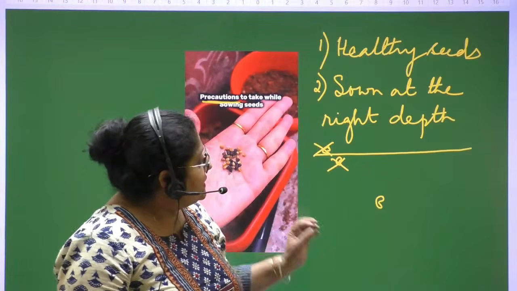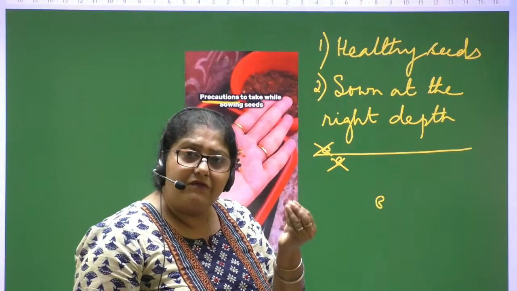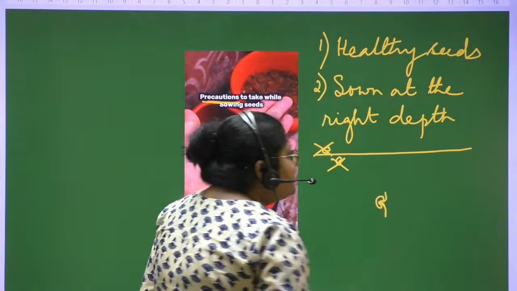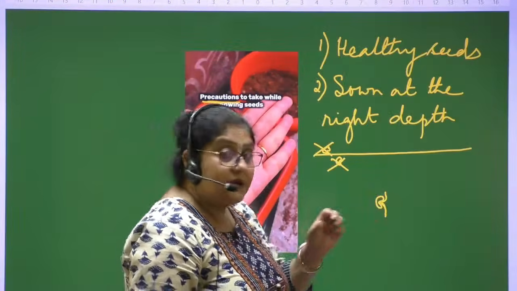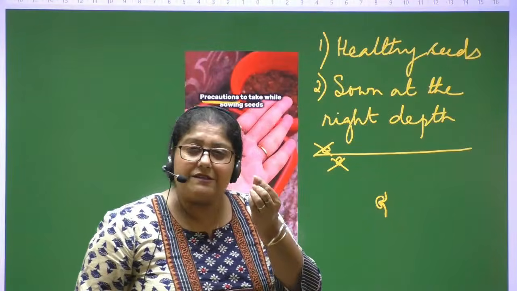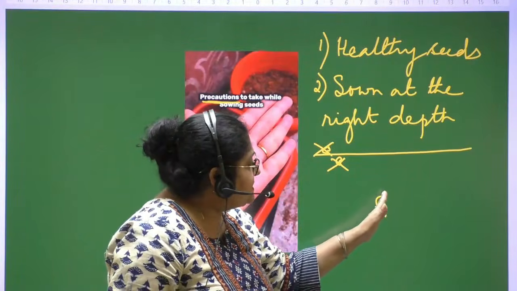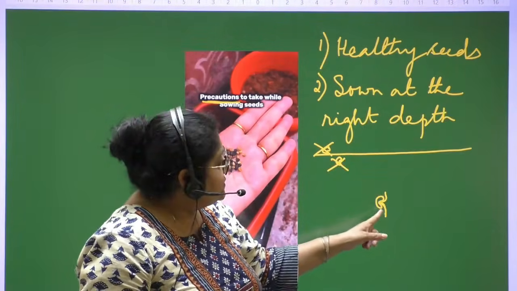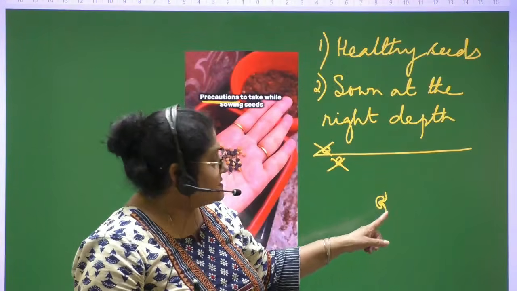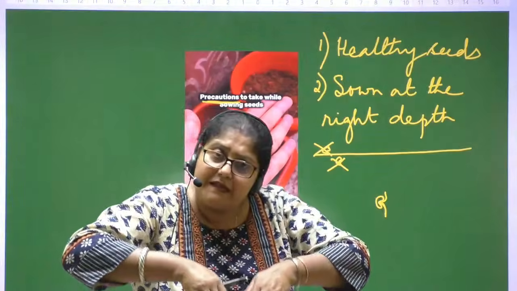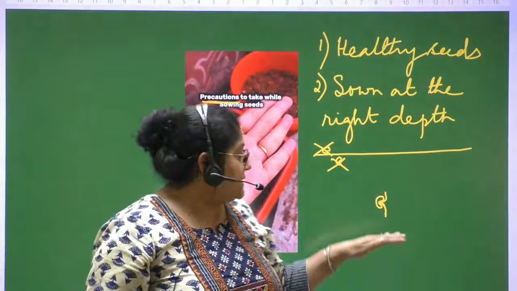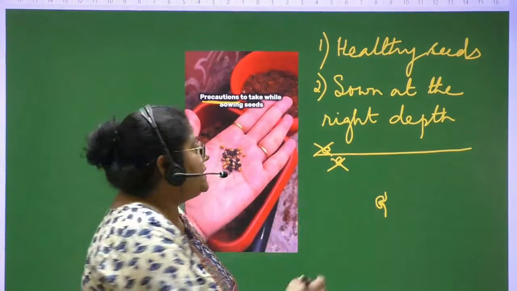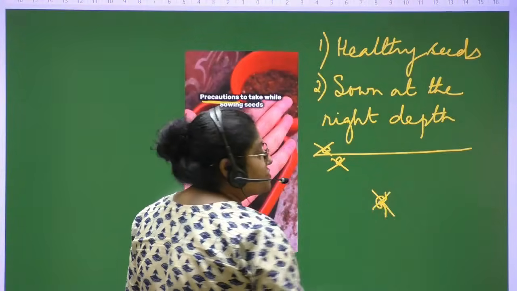Not only that, even if the small roots and the shoot come out, the shoot, because it's a small young shoot, is very soft and delicate, and will find it very difficult to make its way up to the top. Likewise, the root, also being very soft and delicate, will find it very difficult to make its way through the hard rocks deep inside. That means when you sow a seed very deep into the soil, this is also not a good option.